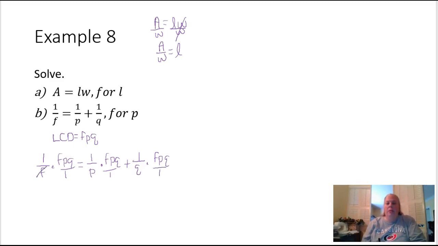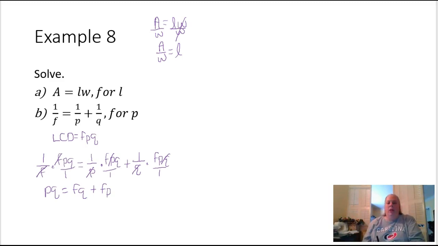The F in the denominator can cancel with the F in the numerator. That leaves me with 1 times PQ over 1. The P in the denominator will cancel with the P in the numerator. That leaves me with 1 times FQ over 1. And then the Q in the denominator will cancel with the Q in the numerator, and that leaves me with 1 times FP over 1.